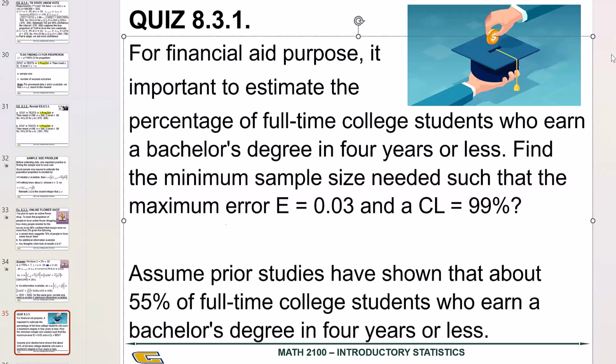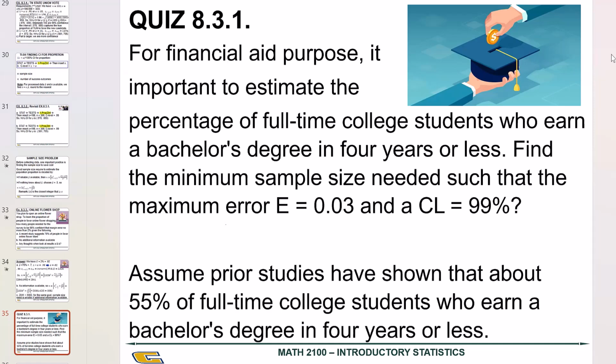So let us look at this quiz 831. For financial purposes, it's important to estimate the percentage of full-time college students who earn a bachelor degree in 4 years or less. Find the minimum sample size needed such that the maximum error is 0.03 and the confidence level is 99%. Assume that prior studies have shown that about 55% of full-time college students earn a bachelor degree in 4 years or less.